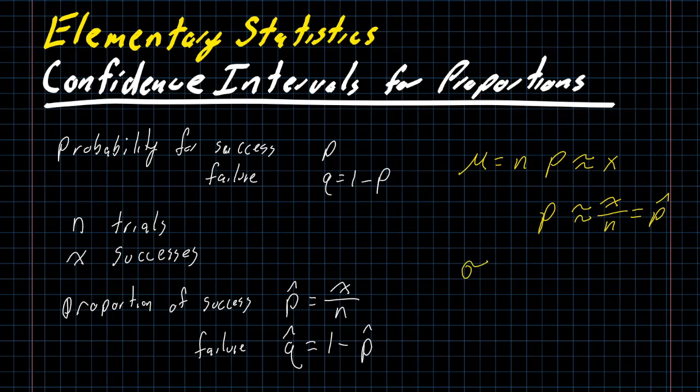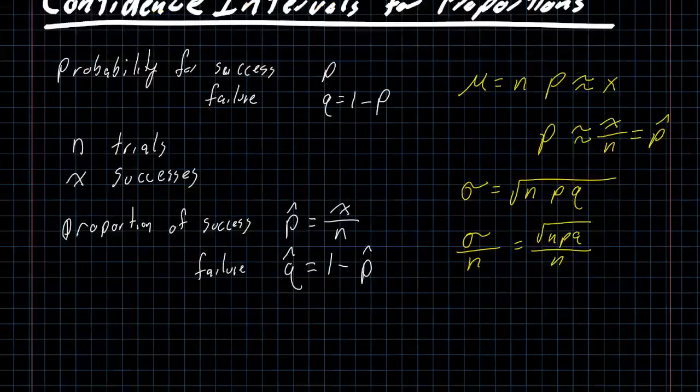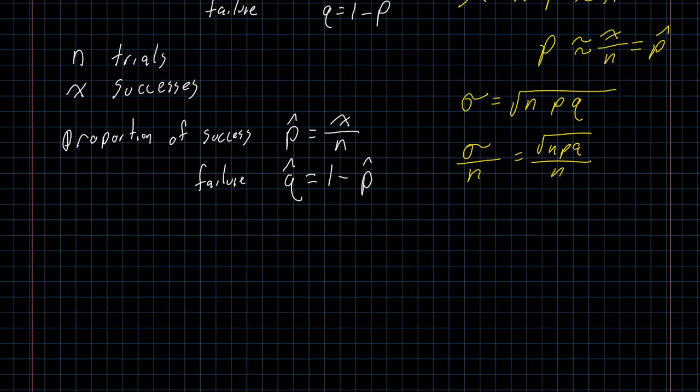We also know that the standard deviation was calculated as the square root of N times P times Q. But again, we are changing our scale, which means that the standard deviation is going to change as well. We're going to take that standard deviation, we're going to divide by N. Using a fairly simple mathematical trick, N is the same thing as the square root of N squared.